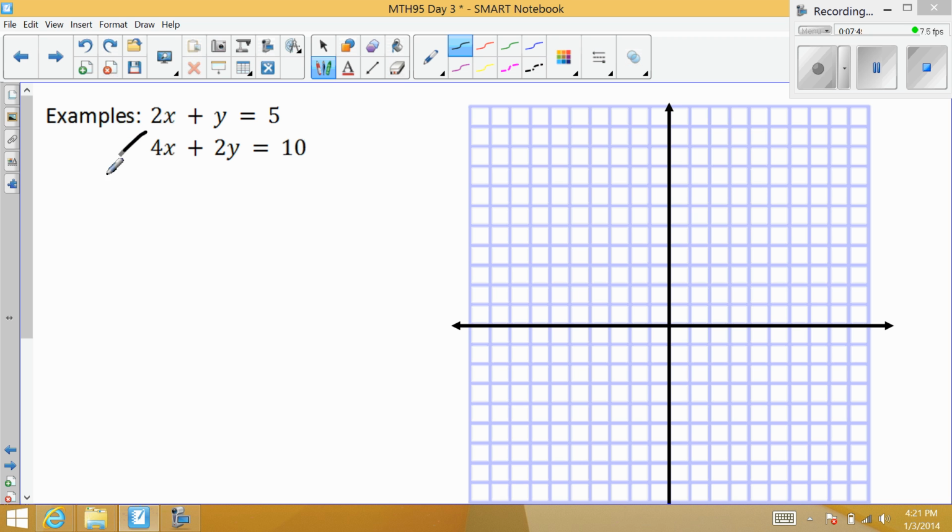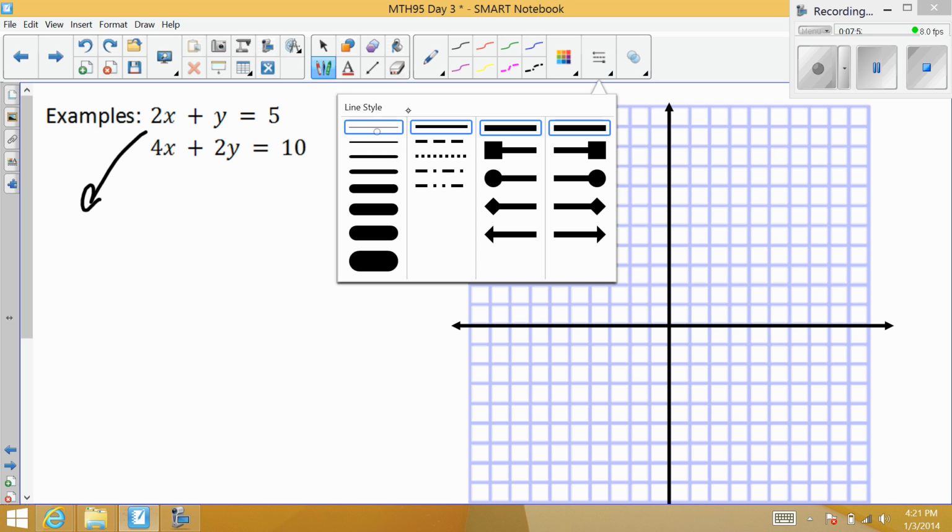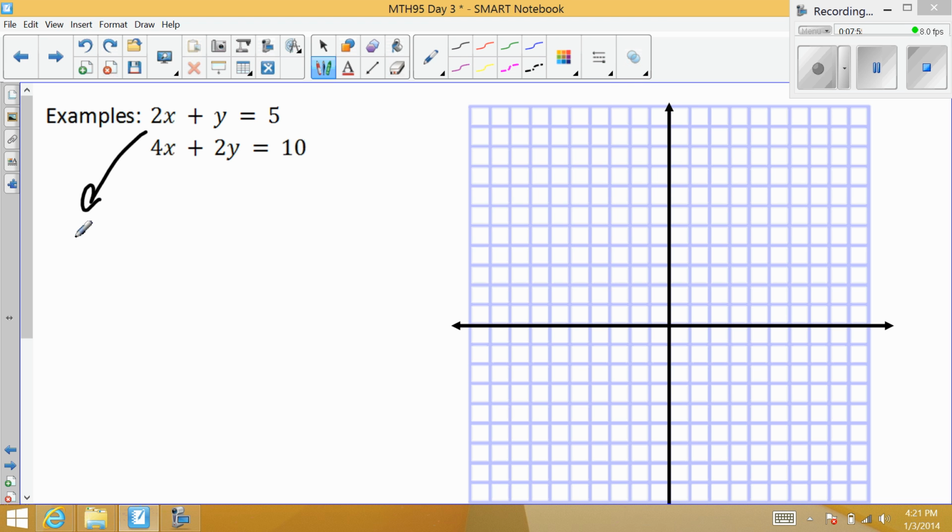Taking the first equation here, if x is 0, that would simply leave me with y equals 5. And then if y is 0, I'll have 2x equals 5, which would give me x equals 5 halves.